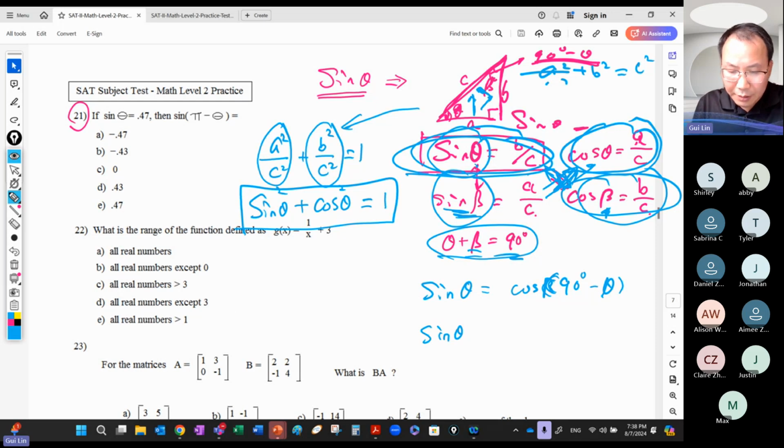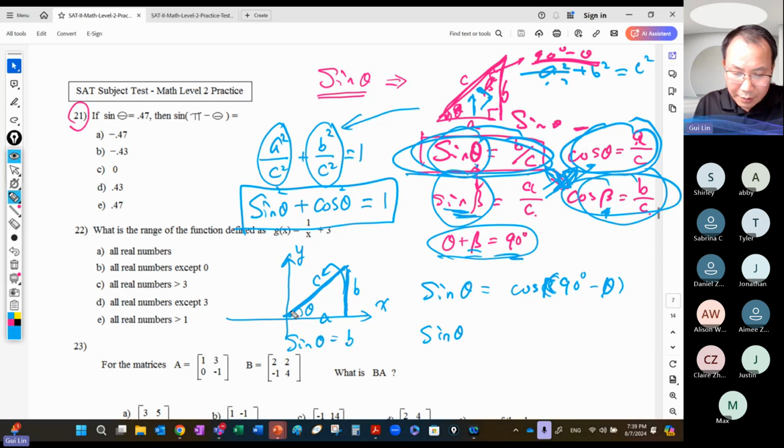All right, so you can see we can do the same kind of transform here. If you introduce x, y later, if this one is theta, then this part is B, this part is A, this is C. This part equals this one over C, right? Sine theta. What about this angle?